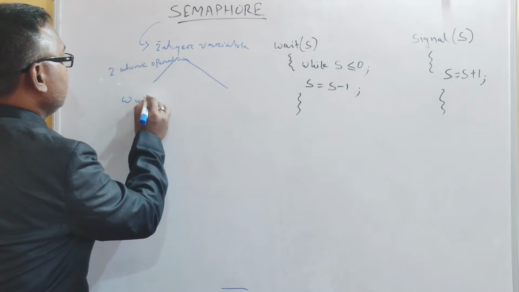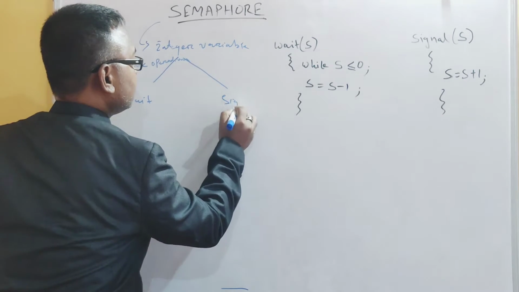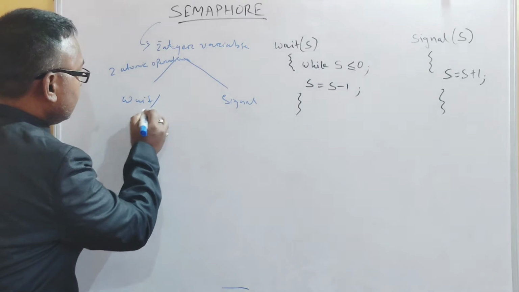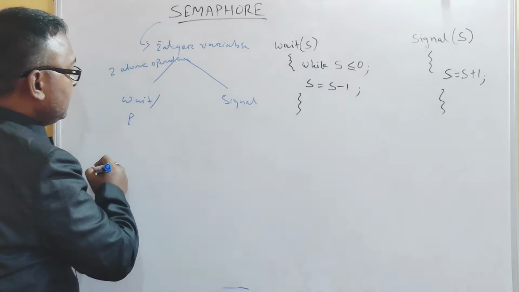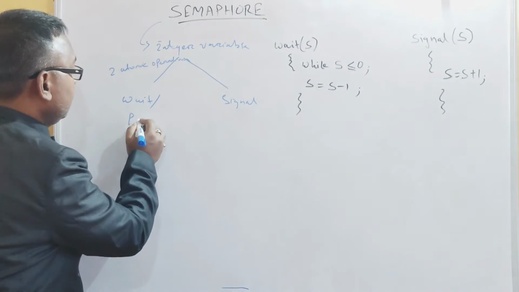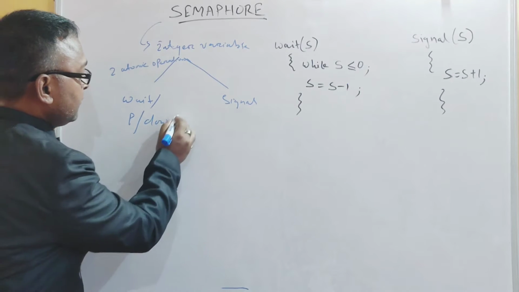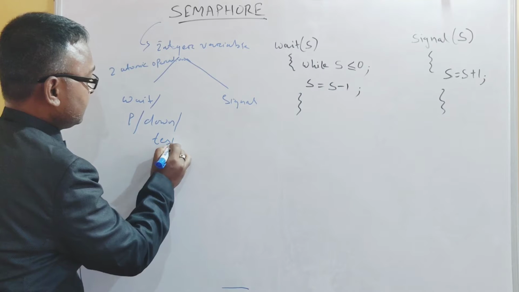Wait and signal. So the wait you can call it as P also, you can call it as down also, or you can call it as test also.